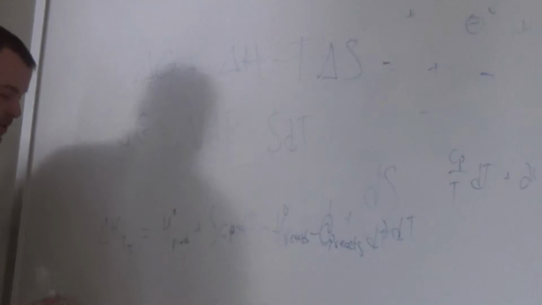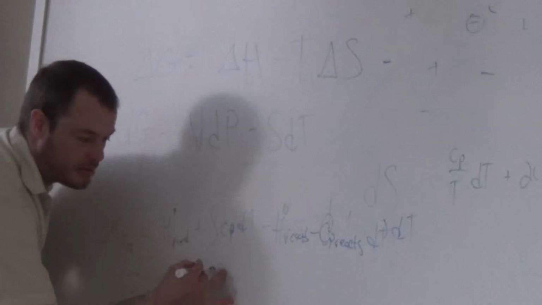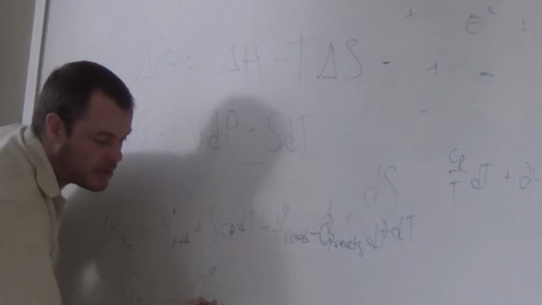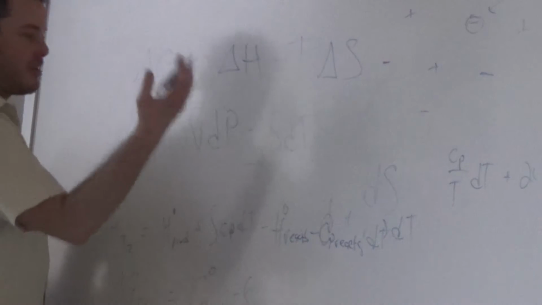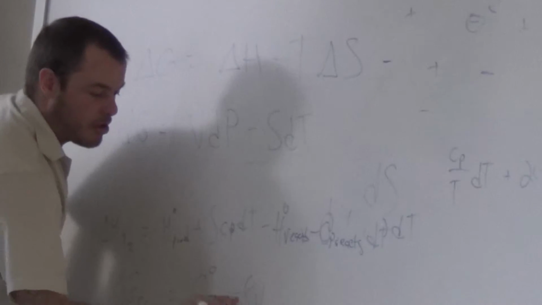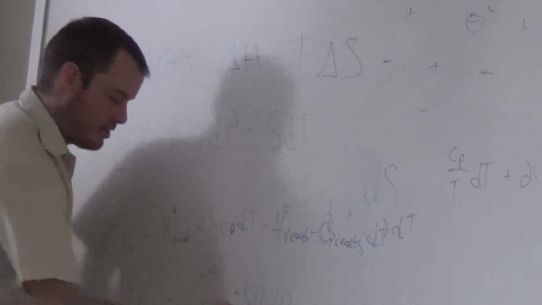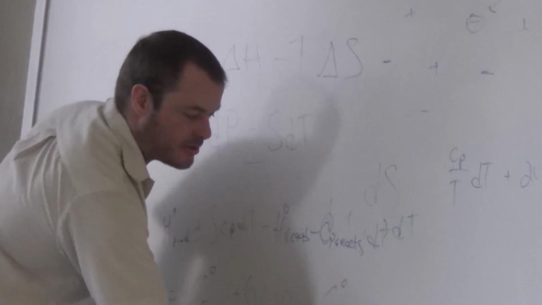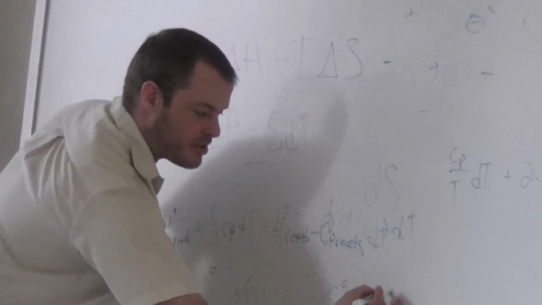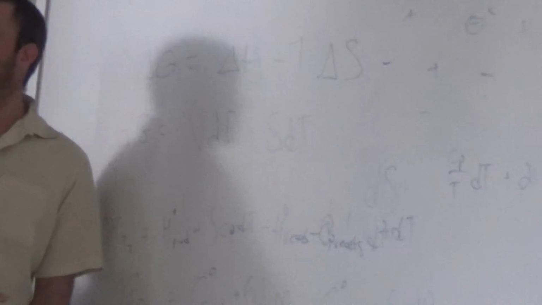And you'd have to say, delta G at T or P2 is equal to G naught of the products plus the integral of V of the products dP, right? And delta G is that minus G naught of the reactants minus the integral of V dP of the reactants. Or I could give you the entropies or something like that.